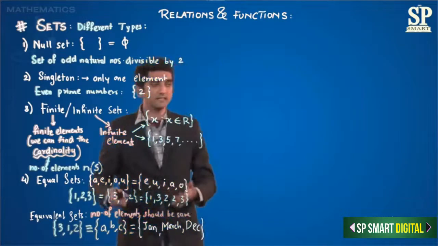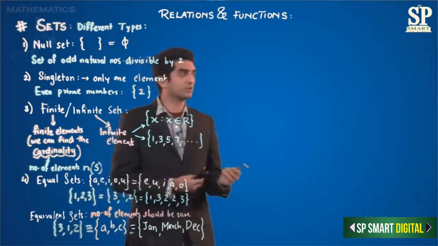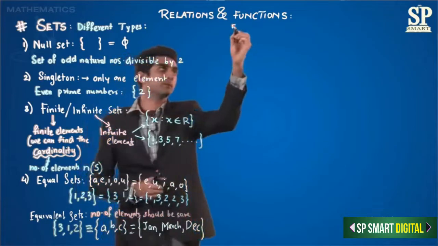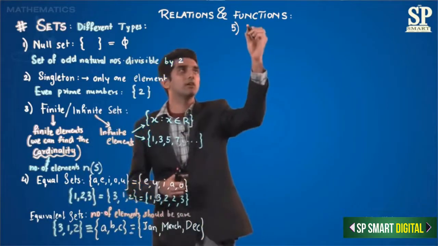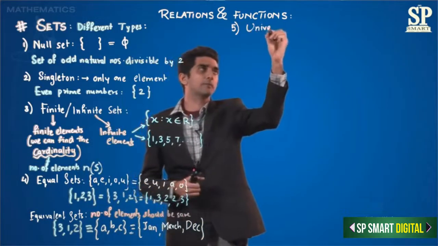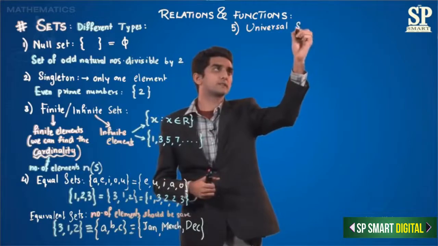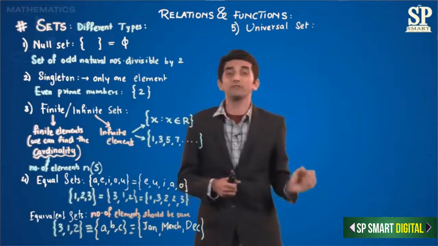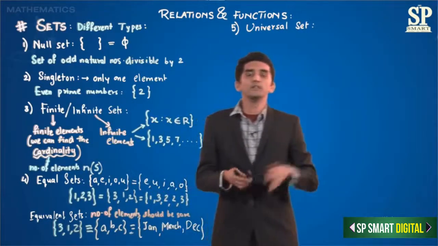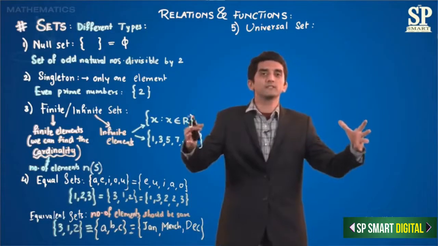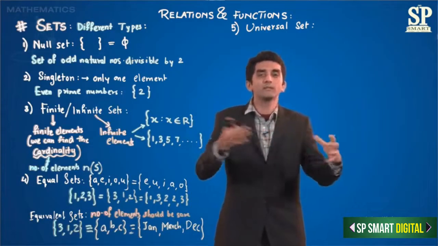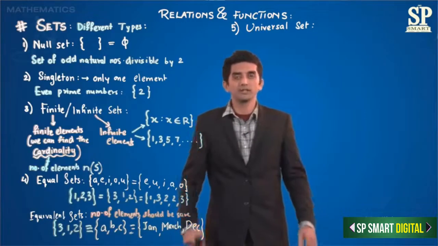Now, after understanding this, let's move further to the next classification. Rather, this is not a classification but more of a property, and this is called a universal set. As we have learned when we understood the Venn diagram, a universal set, as the word suggests, is basically the universal collection of all the elements involved in a particular situation, right?